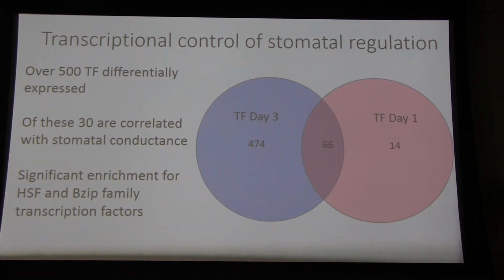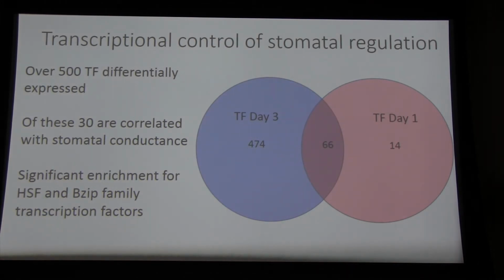And I found that there were 500 different transcription factors that were differentially expressed on at least one of the days under drought stress. And what I did is correlate their expression pattern with the stomatal conductance. And I found that 30 of them are significantly associated with stomatal conductance.